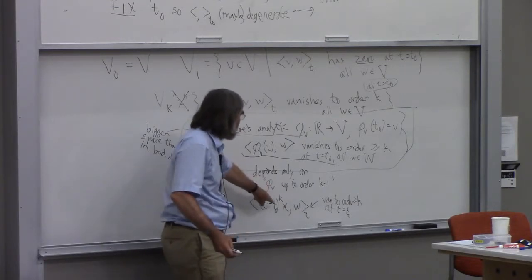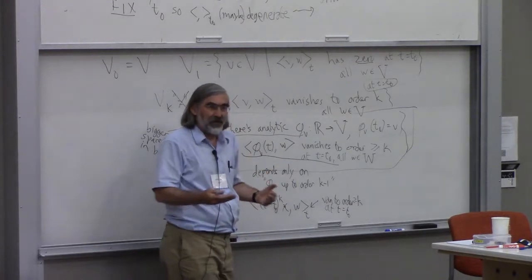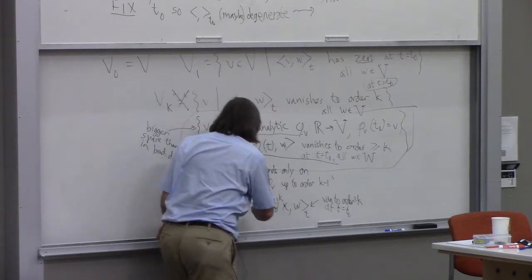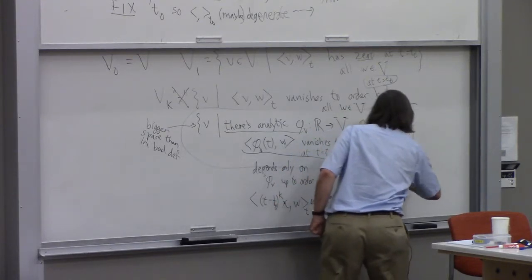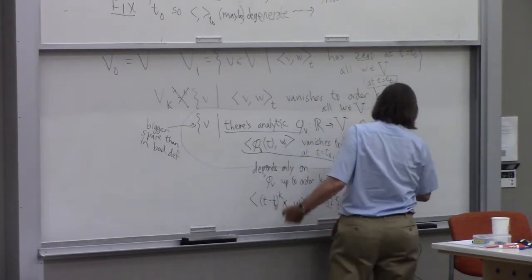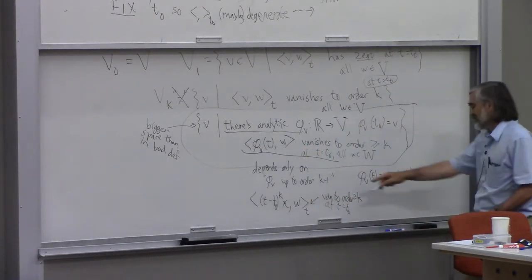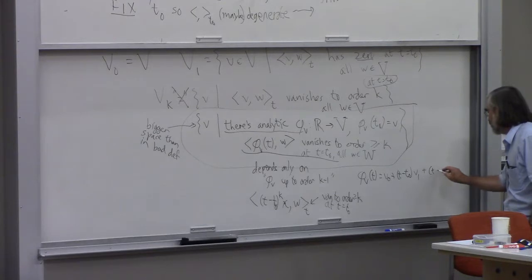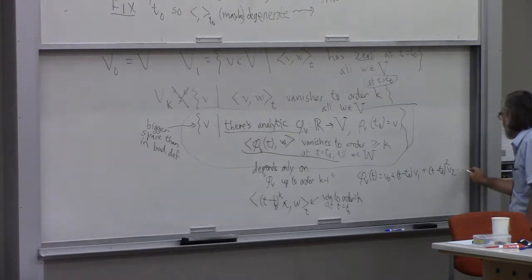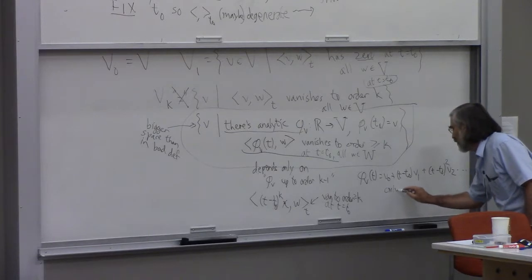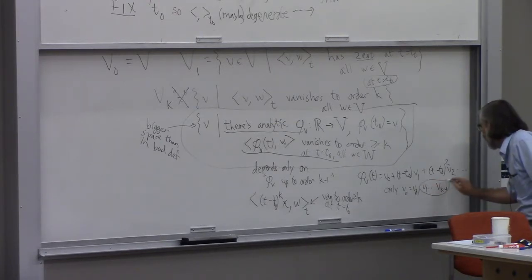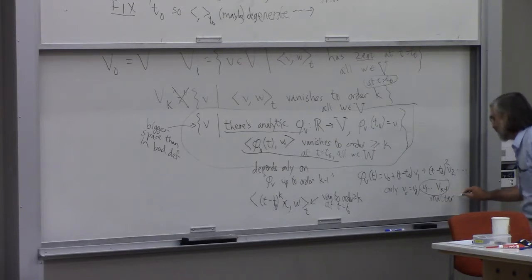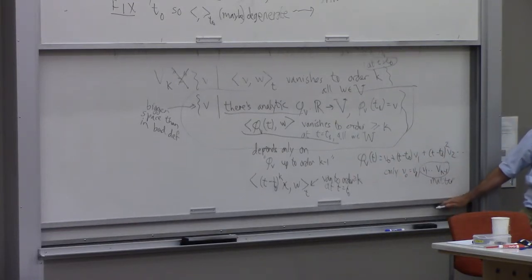So in the Taylor expansion of phi v, the higher order terms don't matter. If I write phi v of t, it is v0 plus (t minus t0) v1 and so on. Only this v0, which is v, and v1 up to v(k minus 1) matter, because the higher order terms will automatically vanish.